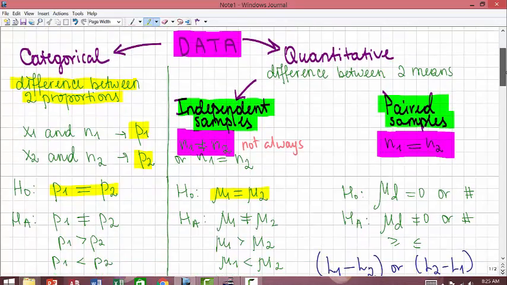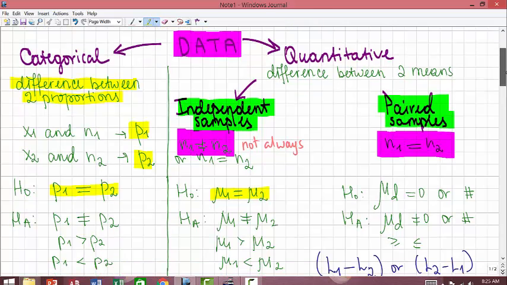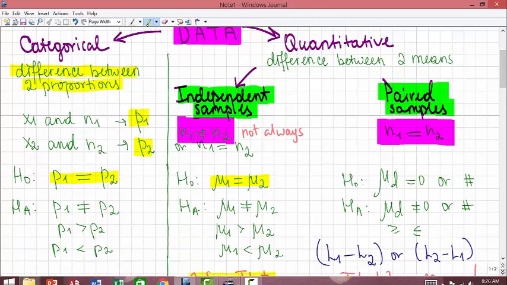Now, what if you have paired data, something like before and after? This is a little bit different. The notation here is mu of d. That says the difference. So the mean of the difference is either 0 or a number. Don't assume that it's automatically 0. Read the problem carefully and decide what number needs to go in there.